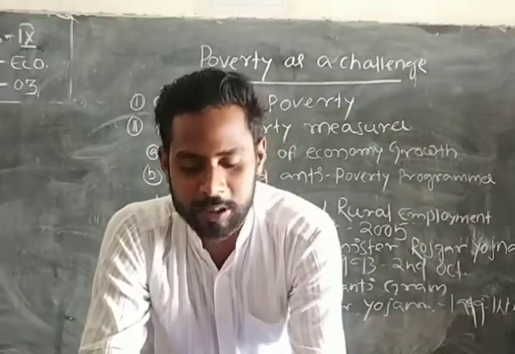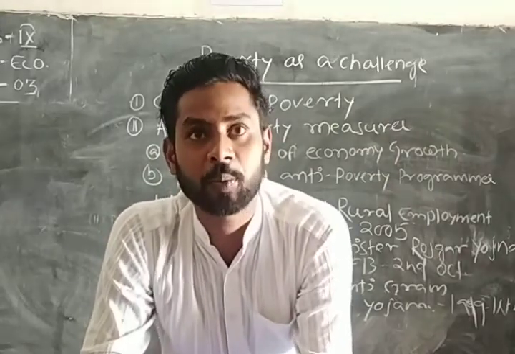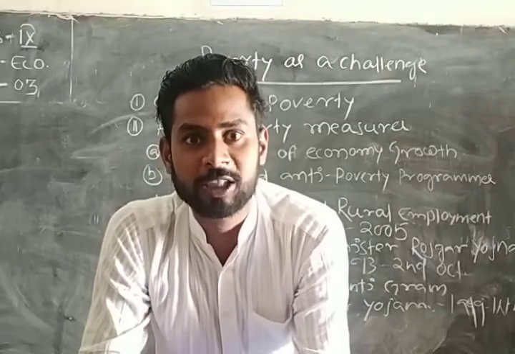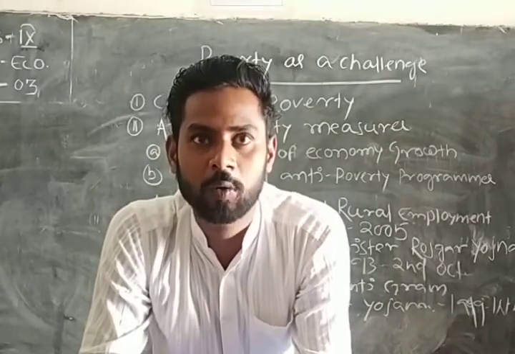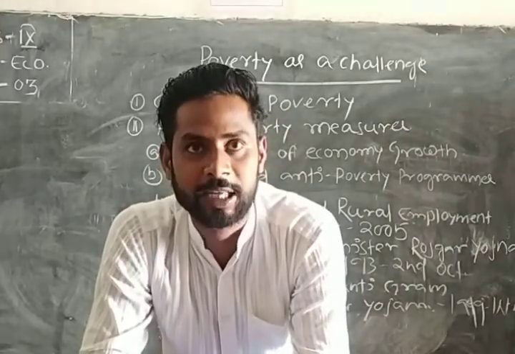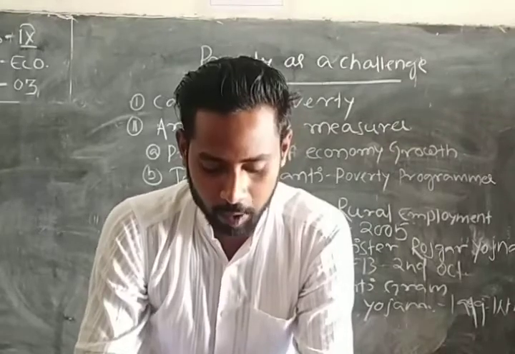Okay, this is what the government can do to prevent problems like poverty. But some obstacles are always faced by our society and our government. The first one is unemployment.